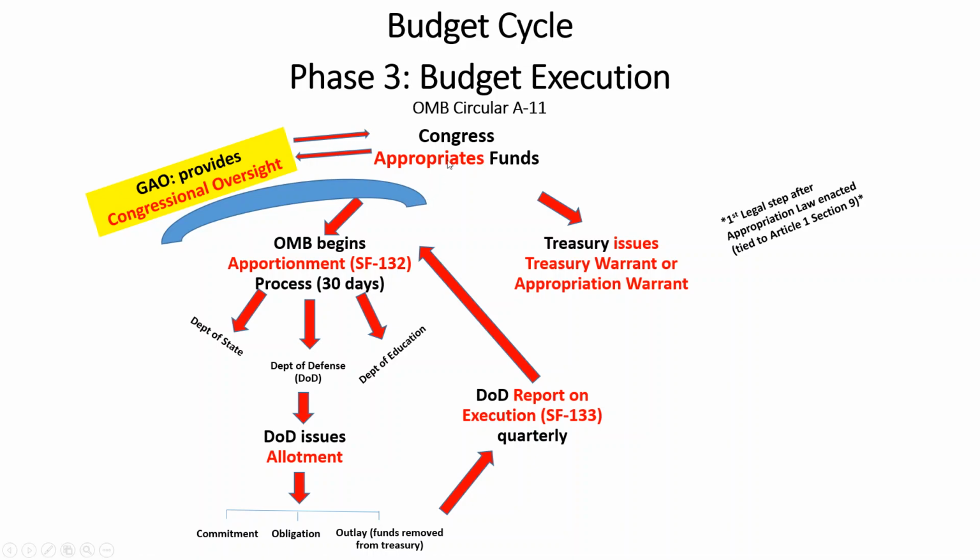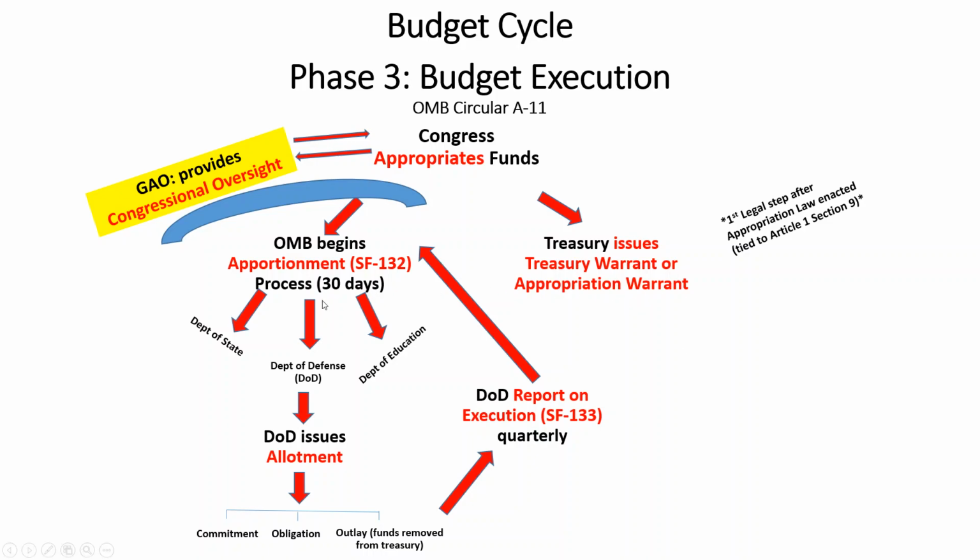So a key here with all these A words, Congress appropriates, so this is the flow of funds, OMB apportions, DOD issues allotment, because these all tie also into fiscal law. When you talk about you cannot spend any money in excess of what you receive, or you cannot spend funding before you receive your apportionment.